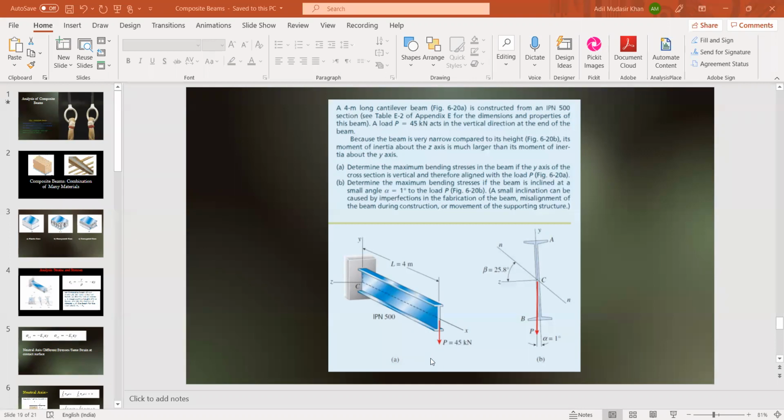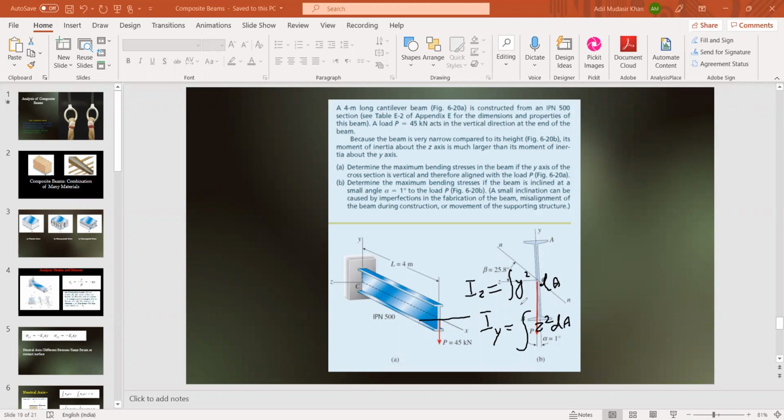This is quite evident because the moment of inertia about the z-axis is the integral of y squared dA, and the moment of inertia about the y-axis is the integral of z squared dA, when we take a small area element.